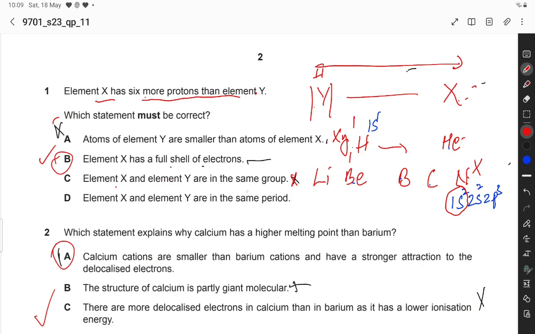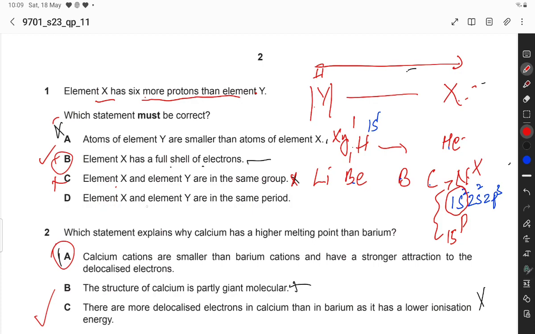Element X and Y are in the same group? The difference between X and Y cannot be in the same group, because in nitrogen there are 7 protons, and next is phosphorus, which has 15 protons. So the difference between them is 8, so that's why this is also not correct.